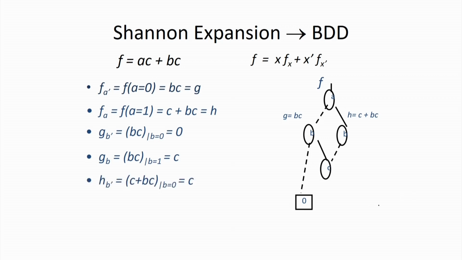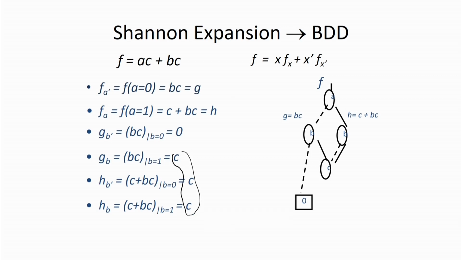Similarly, for function h, if b is equal to 0, the functional value is c, so it comes to this terminal node c. When b is equal to 1, c plus bc again gives c, so with 1 also it comes to c. Now, the remaining function that we need to evaluate has only the variable c.